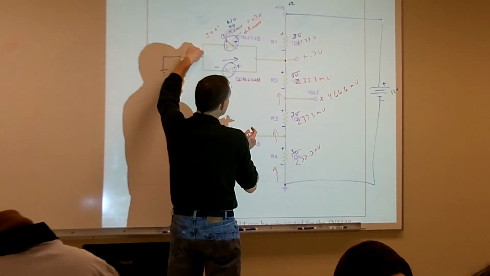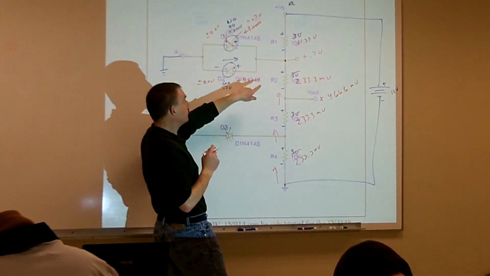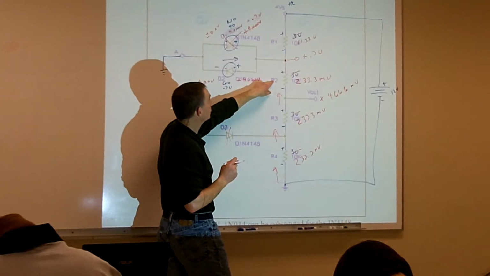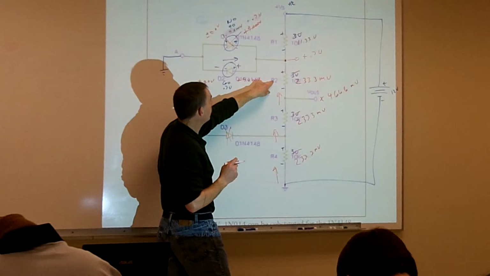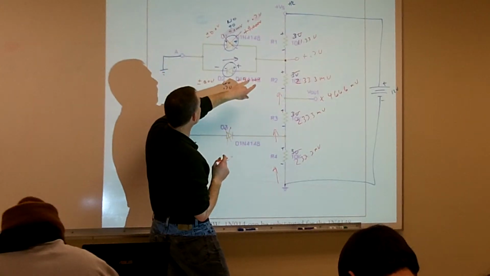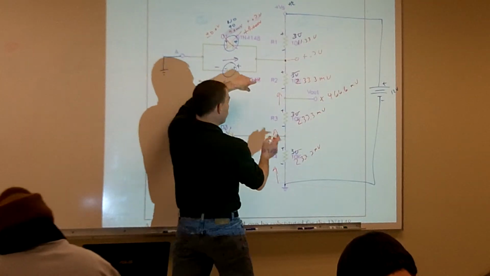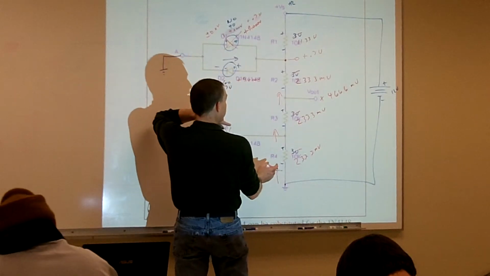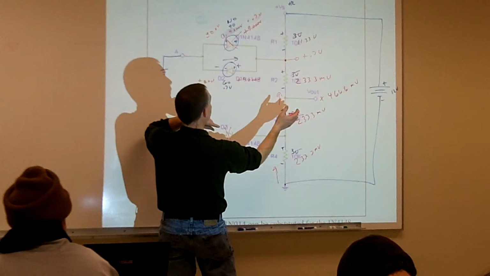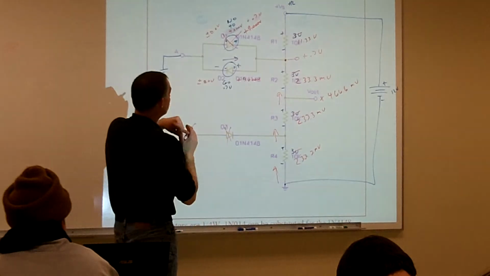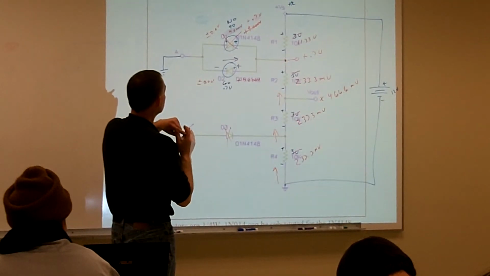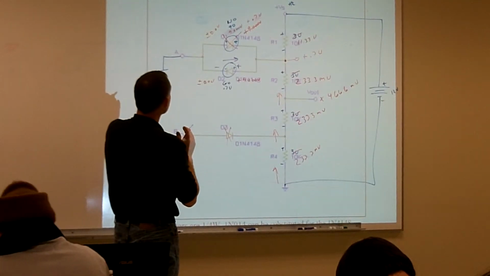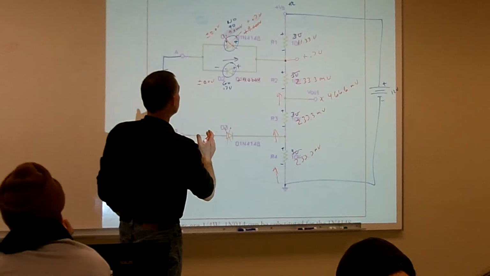No, it's not all of it. Some of your current is going to go through there. Well, all of my current is going up through there, that's the only source I have. You've got the ground on the other end, so it's going to go up through that parallel diode.